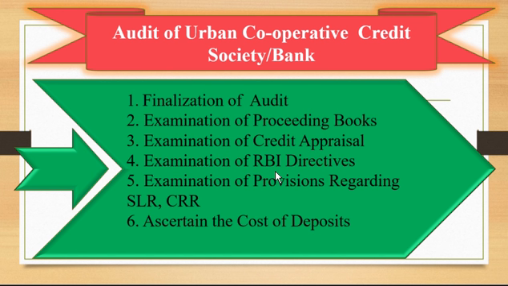Then fourth is examination of RBI directives. An auditor is required to acquaint himself with the latest norms prescribed by RBI and directives issued by RBI from time to time before undertaking the audit of the bank.